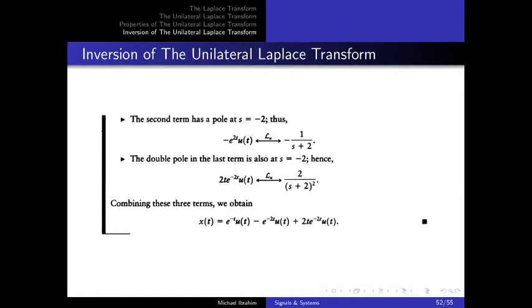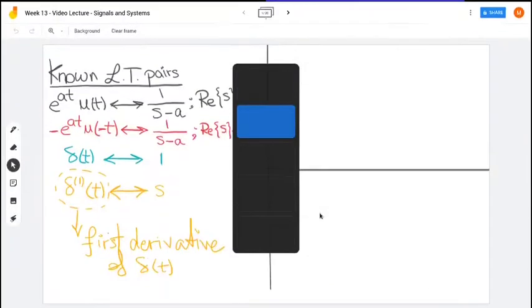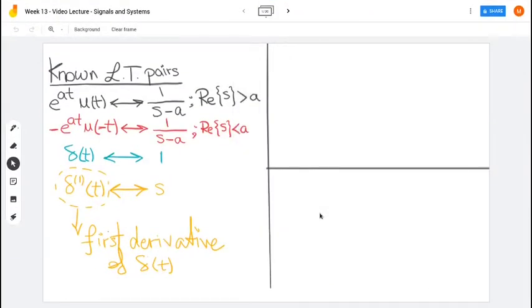And the third term we have over here is 2 over s plus 2 all squared. In order to compute the inverse Laplace transform for this term, let's go to our whiteboard over here, and we already know a transform which is e to the power at u of t that has a transform of 1 over s minus a. And let's apply the differentiation in s domain property.